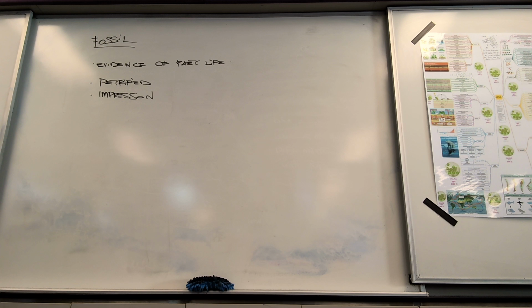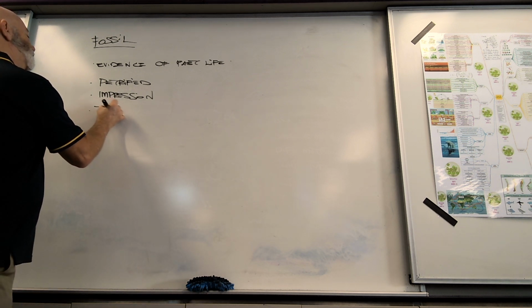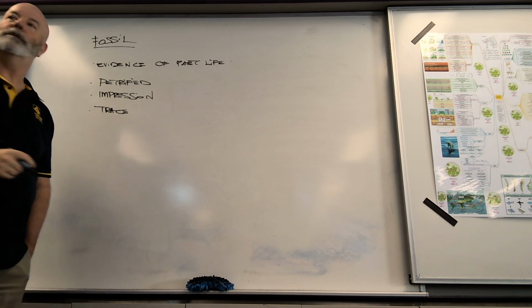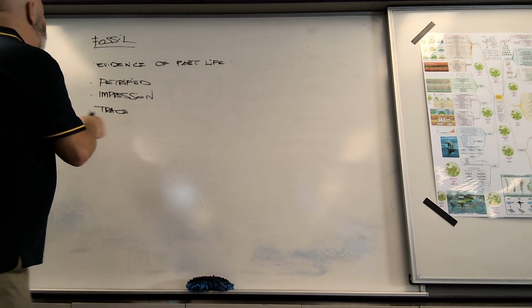Do you need a clue? Footprints. And the last one is a trace. Like? A fossilized poo, correct? A fossilized nest. A fossilized feather.